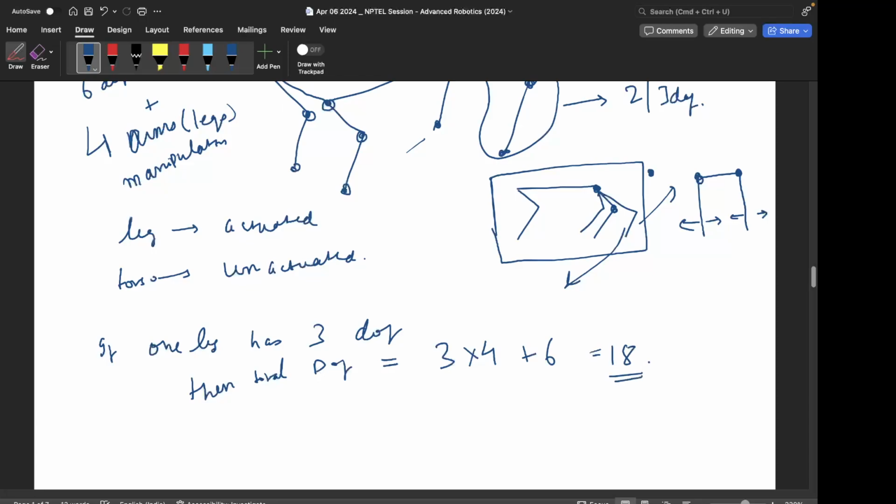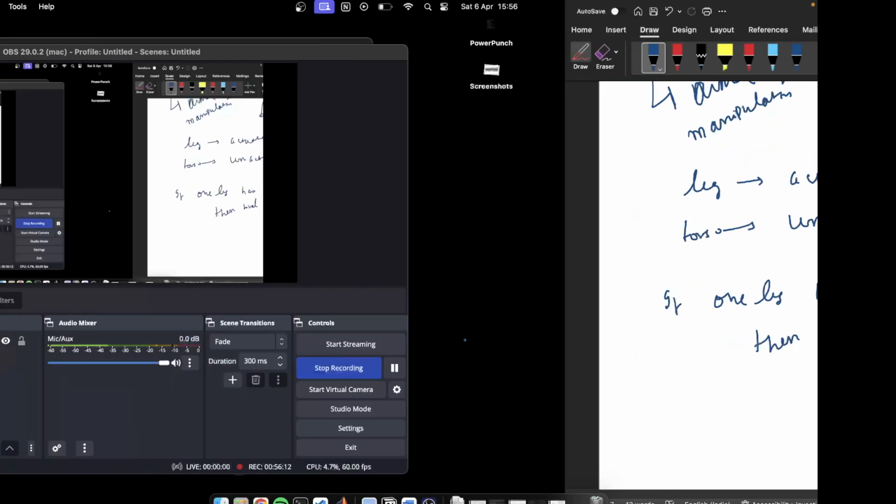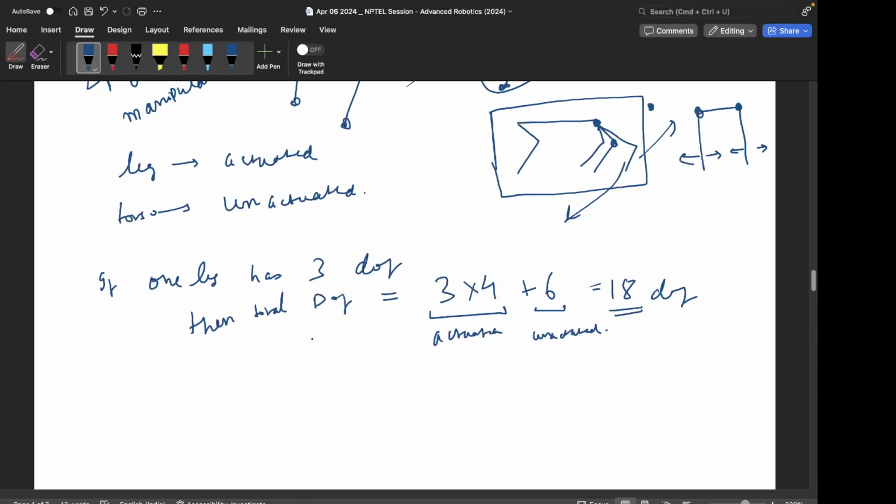So the total degrees of freedom is 18, out of which 12 are actuated and the rest 6 are unactuated. Okay, so a quadruped robot with 3 degree of freedom legs has a total of 18 degrees of freedom, out of which 12 are actuated and the rest 6 are unactuated, right?